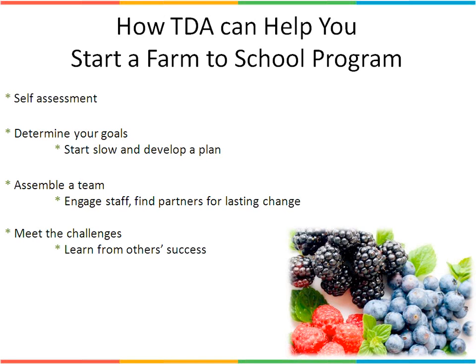Are you trying to incorporate more local product? Do you want to work with your distributor to start carrying more local product? Do you want to start a garden? Once we determine your goals and what you want out of it, I can help you develop a plan for how to reach those goals, remembering always to start slow. One of the favorite terms in Farm to School is pilot project, always starting slow and seeing what works for a campus, or a few campuses within a district, and then expanding district-wide.